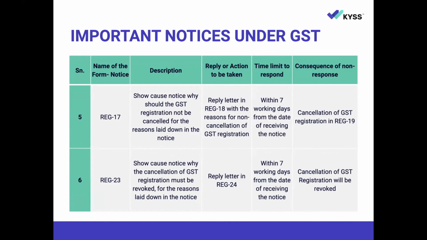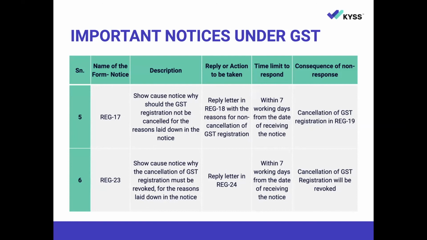That's why it's called a show cause, notice to show cause. So if the GST registration has to be cancelled for whatever reasons that could be mentioned in the notice, the reasons are usually recorded. A show cause notice is usually sent in REG 17 for the same, and the taxpayer is required to respond to this with reasons as to why the GST need not be cancelled. And if the taxpayer does not respond, the GST registration is cancelled subsequently.